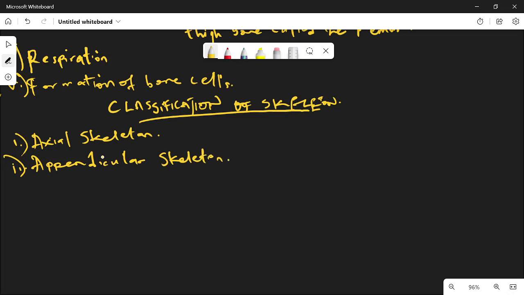Number one, we have the axial skeleton, and number two, we have the appendicular skeleton.